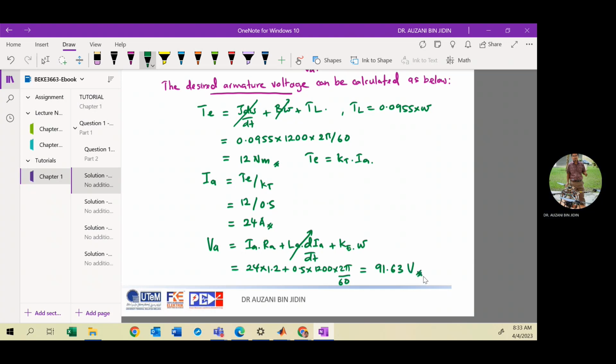Okay. Actually, in the first part, you do the construction and model of the motor in order to verify whether your model is right or not. Then you can supply the voltage, which is 91.63 volt, run the simulation, and check whether you obtain the desired speed, 1,200 RPM.